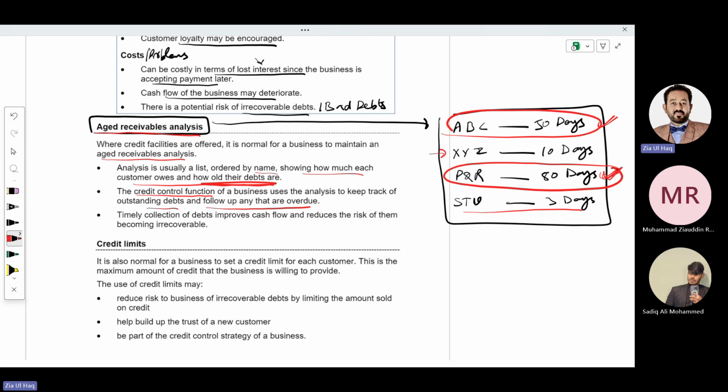Because if you don't follow up, especially these people, there will be bad debts. So timely collection of debt improves cash flow. If you don't collect, you will be facing cash flow issues, and timely collection reduces the risk of them becoming irrecoverable. Obviously, if you don't ask them, don't recover from them, because you don't know how long their balances have been due, there will be chances of bad debts.